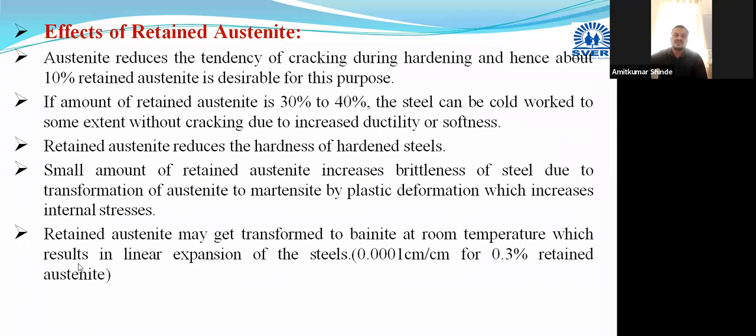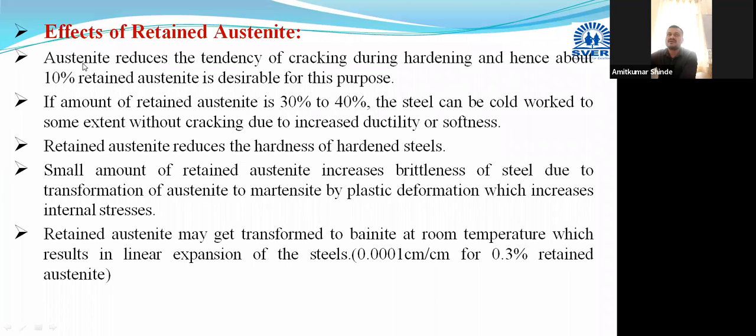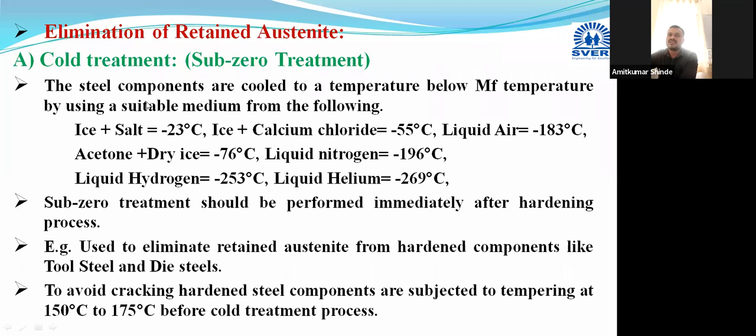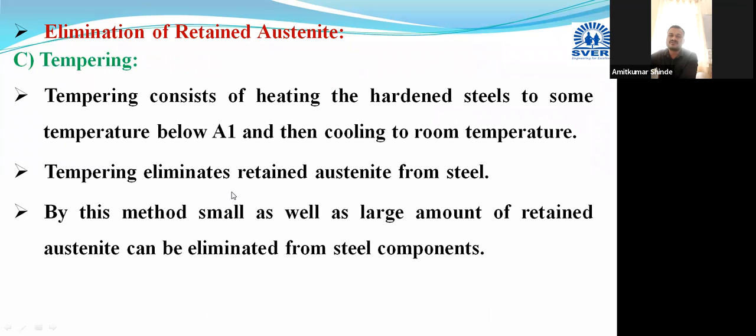If any doubt is there in today's part which I have completed, first let me know whether any doubt is there in the meaning of retained austenite or untransformed austenite, the effects of retained austenite, or their elimination methods like cold treatment, sub-zero treatment, plastic deformation or tempering.